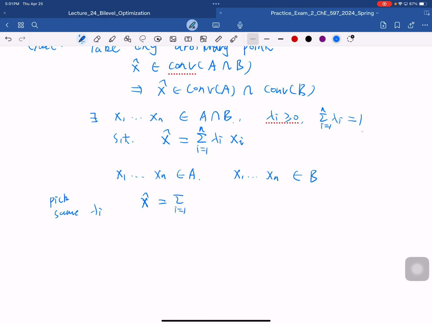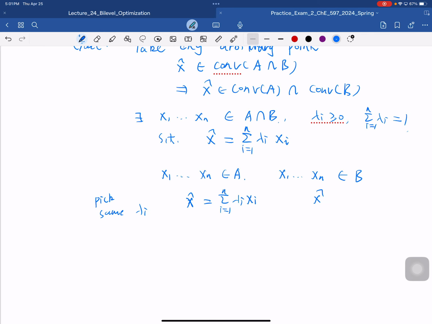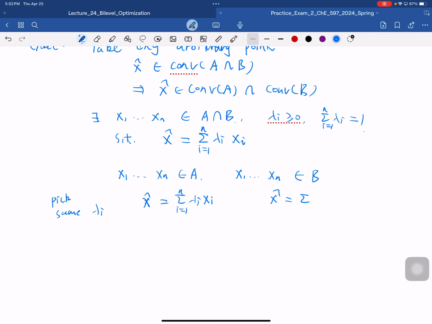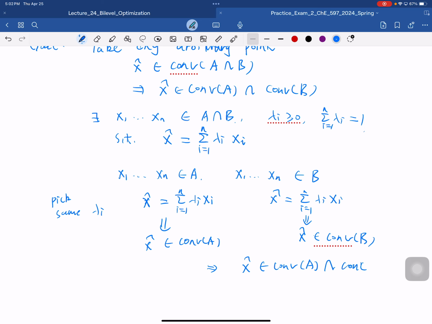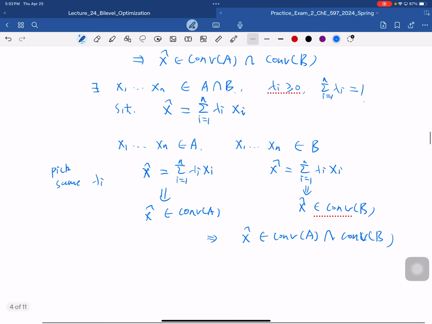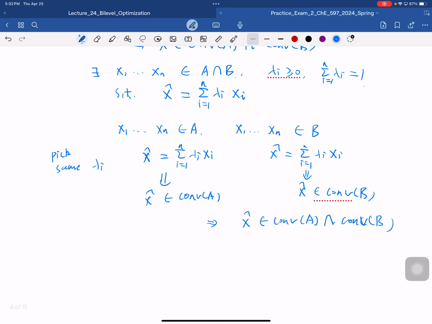You can show that x hat is a convex combination of points in A, and it is also a convex combination of points in B. So this implies x hat is in the convex hull of A, and this implies x hat is in the convex hull of B. Therefore, x hat is in the convex hull of A intersect with the convex hull of B. Okay, so that's the end of the proof.